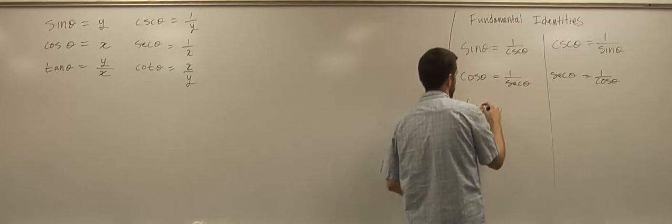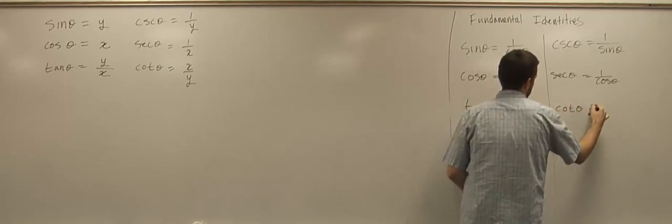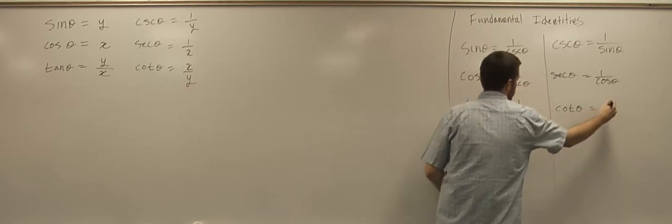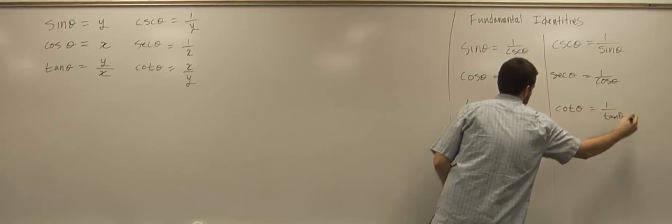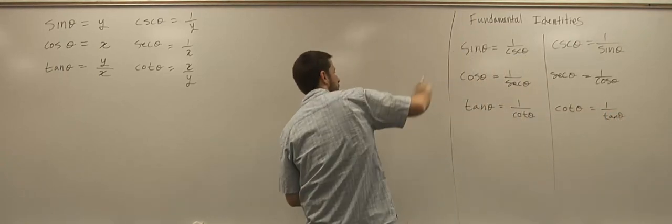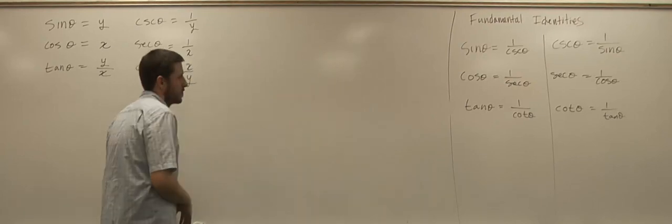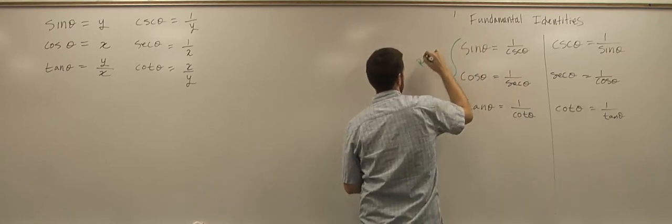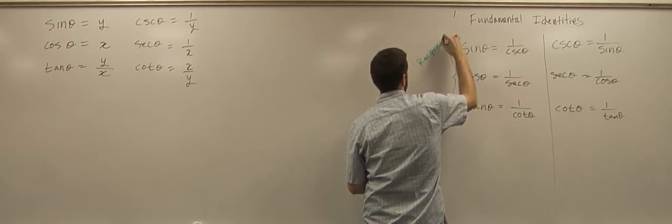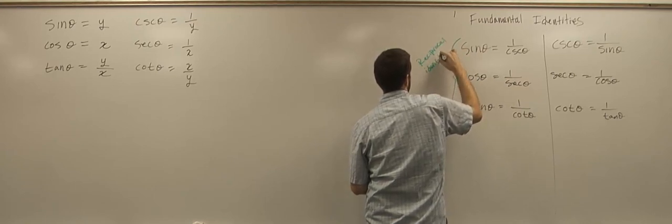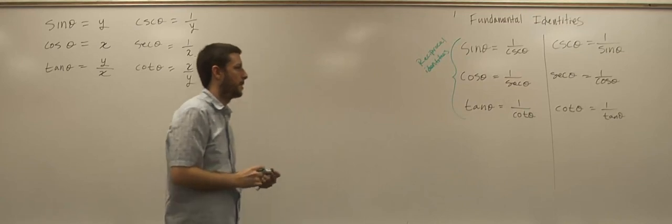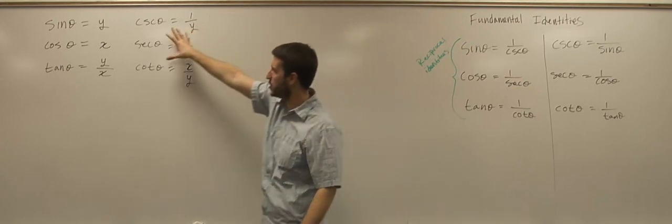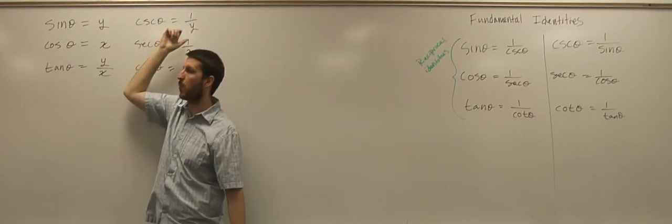Same thing for tangent and cotangent. Tangent is 1 over cotangent theta, because they're reciprocals, and cotangent is 1 over tangent. So these are called the reciprocal identities. And it's really just looking at these definitions and doing a little bit of substitution. Instead of y, call this sine.